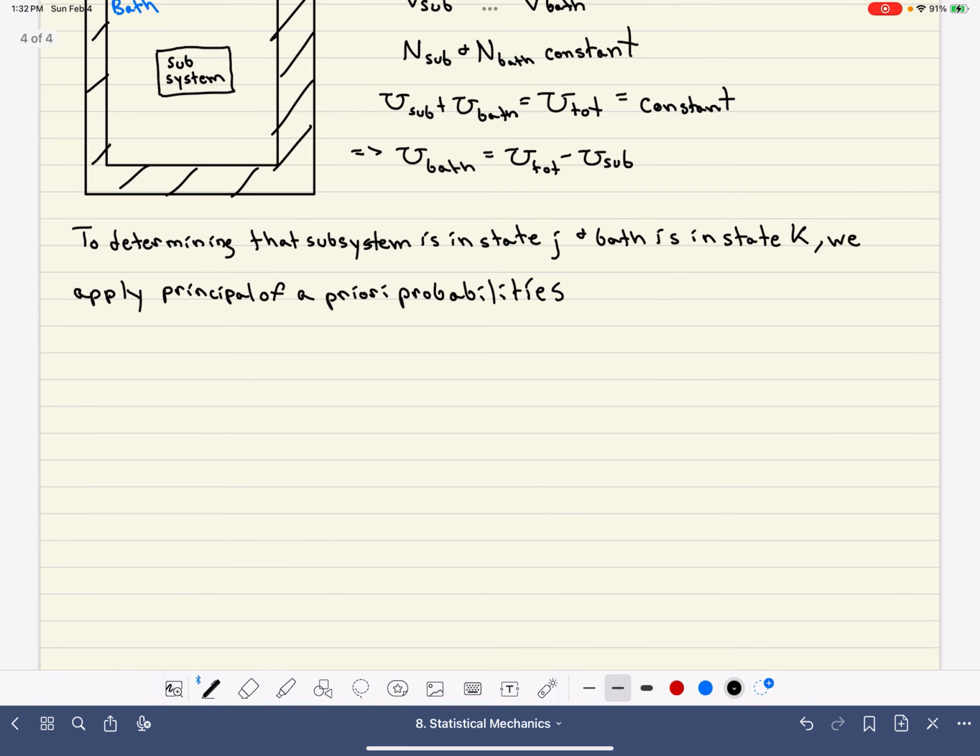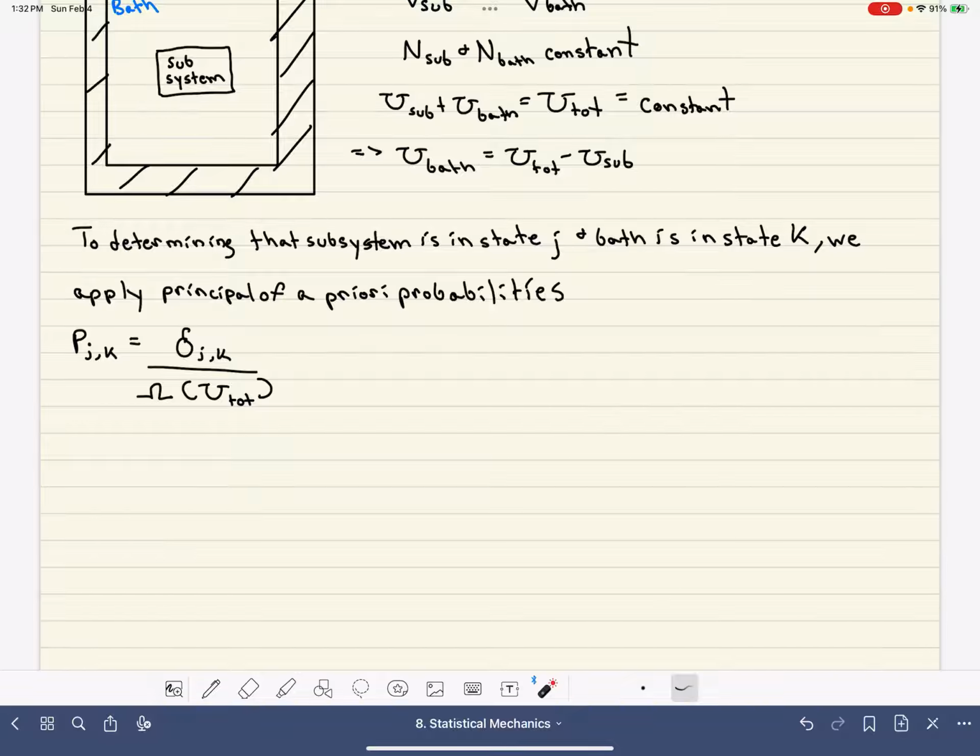Here we want to determine the probability that the subsystem is in state J and the bath is in state K. From our discussion of a priori probabilities in the previous video, we know we could describe it in terms of a delta function divided by the omega that's a function of the total macroscopic internal energy.